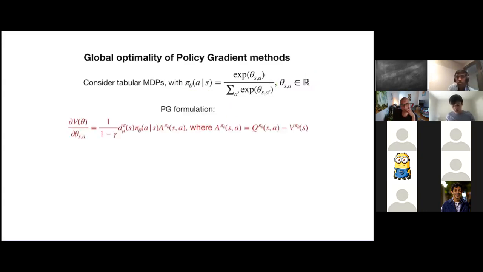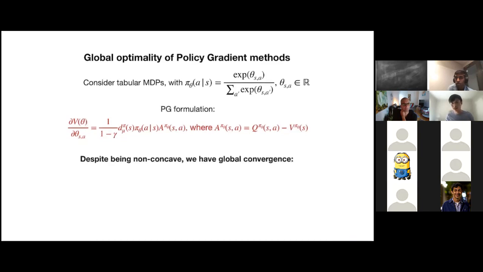I'm not going to go into the details of this derivation, but by using this softmax parameterization, you can show that the derivative of the value function with respect to a particular parameter theta SA can be written in this very simple fashion. Then you can just do gradient ascent to maximize the objective function.